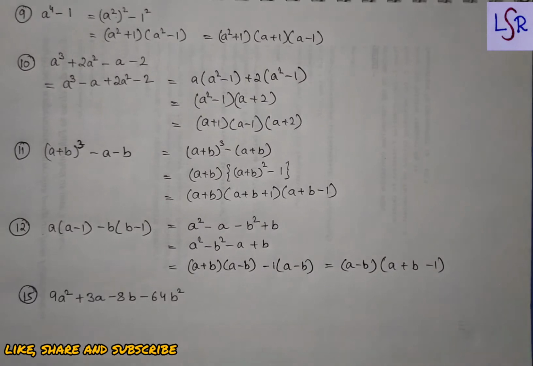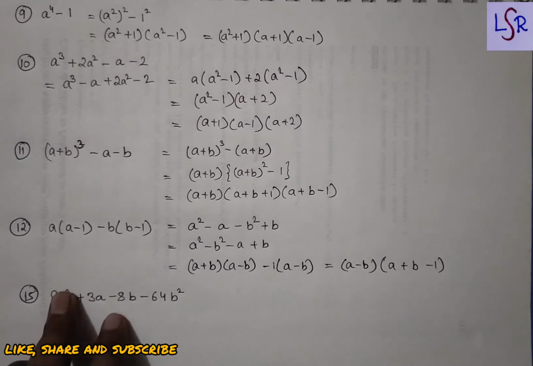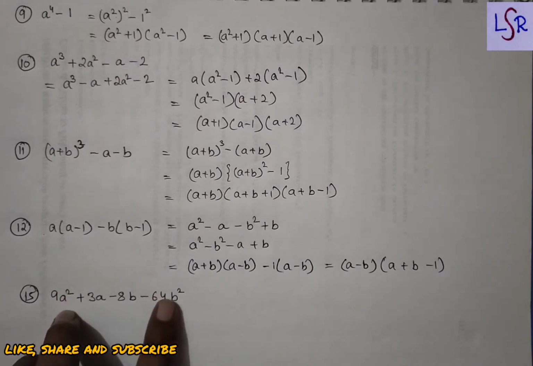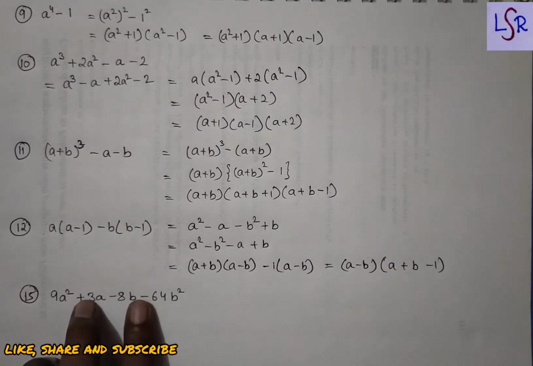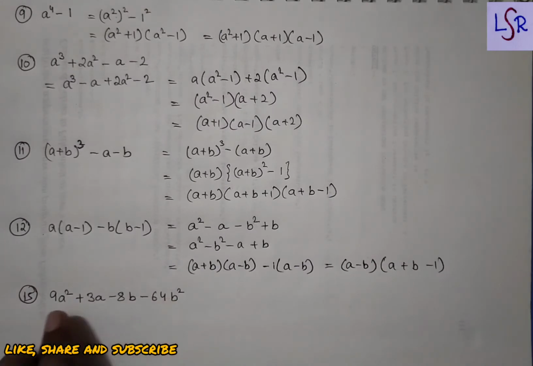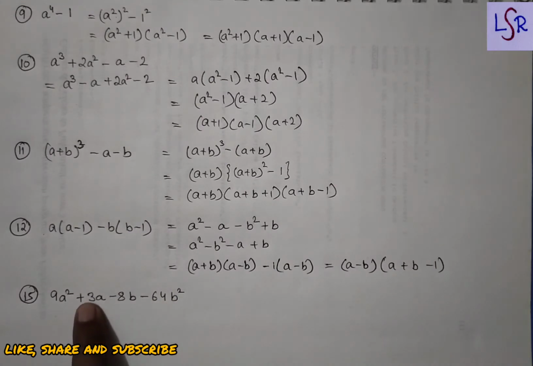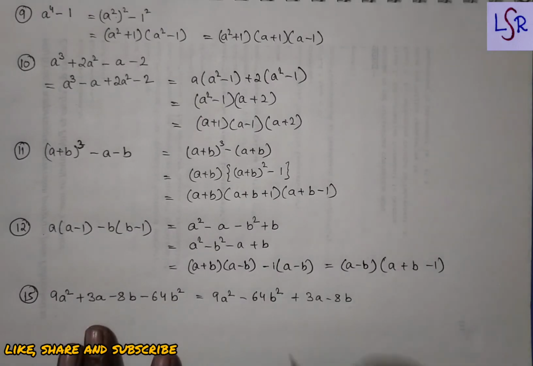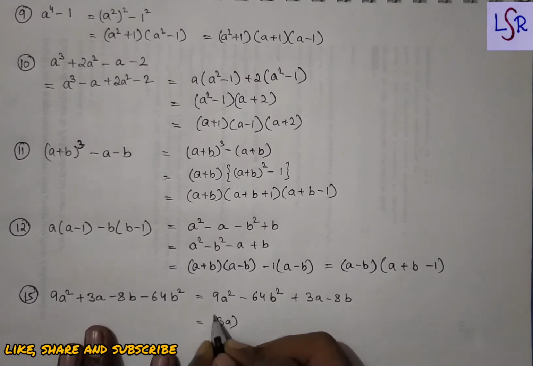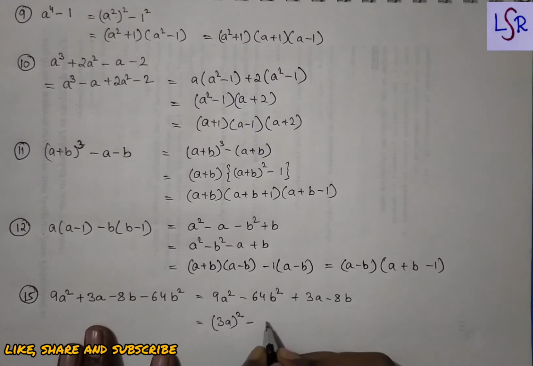Now let's see question number 15. In this question we see we are having 9a square and this one 64b square. They are in the form of squares, and the other two numbers are not in the form of squares. So we are going to rearrange by writing minus 64b square with 9a square. After writing this, we can write 9a square as 3a to the whole square, and this one as 8b to the whole square.